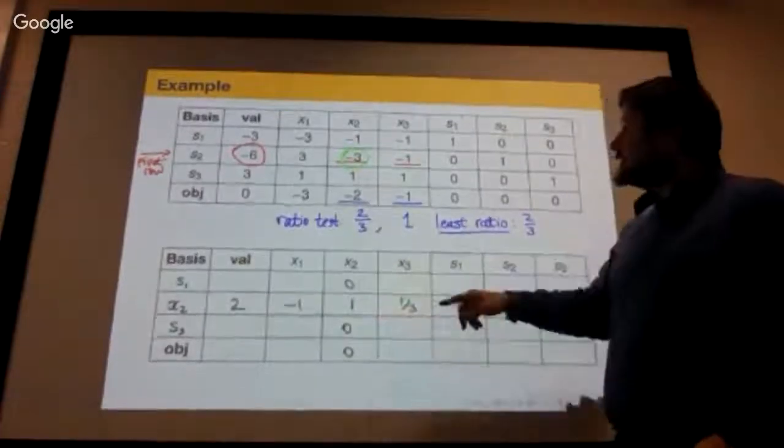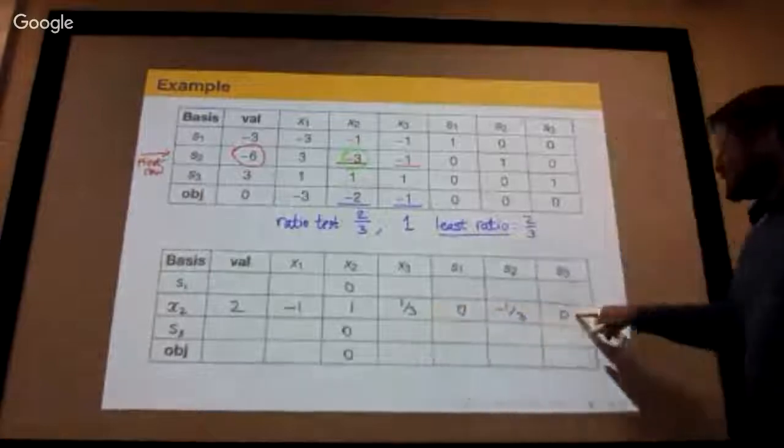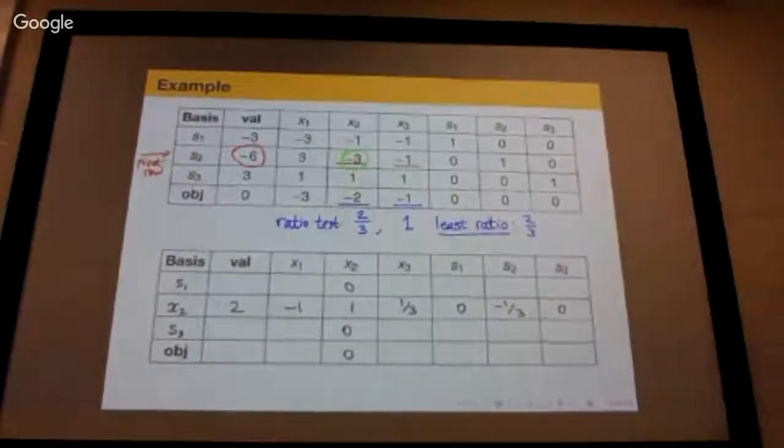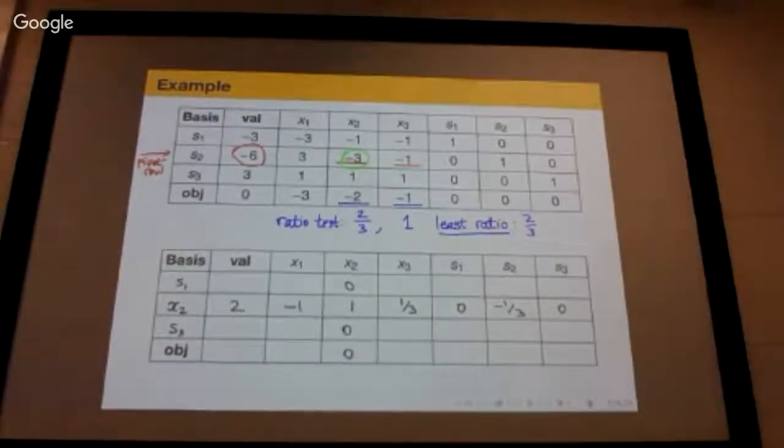So that means that I'm adding this new x2 row to the first row. So that's going to be a minus 1 there, and minus 4, 0, minus 2/3, 1, minus 1/3, 0.